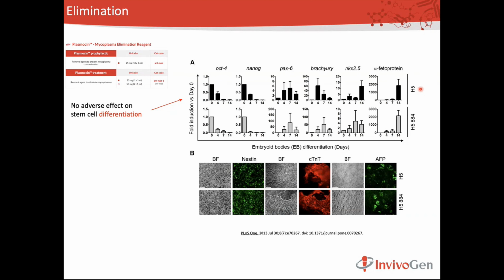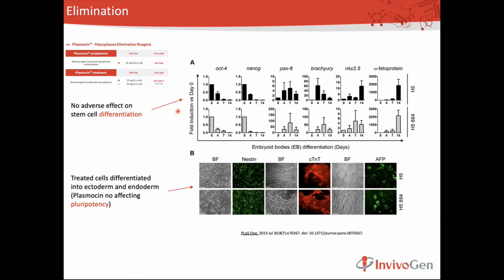So they took the two cells, H5 and H4, and then they differentiate the cells, and then they measure the gene throughout the 14 days course, and there's no major difference.